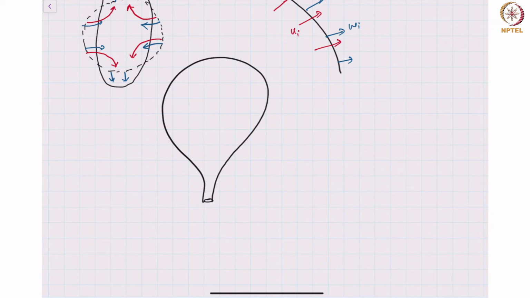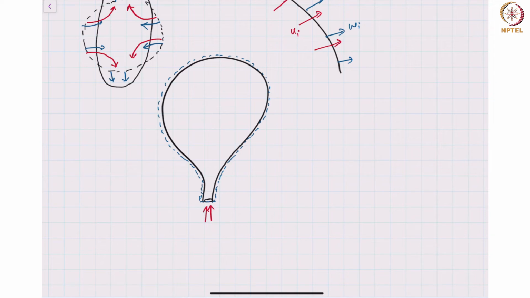Okay, and I'm interested in a control volume, an arbitrary region, which is basically enclosing this balloon.